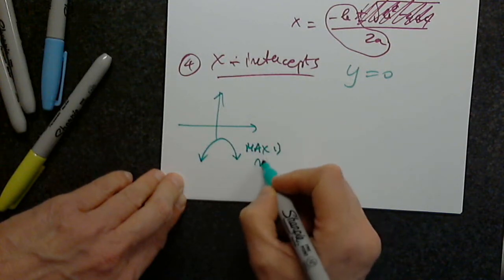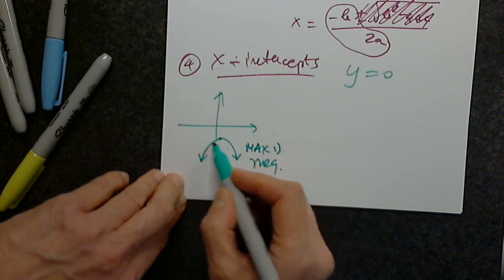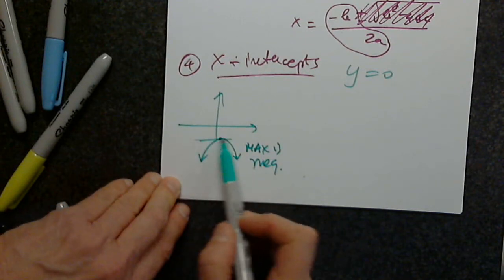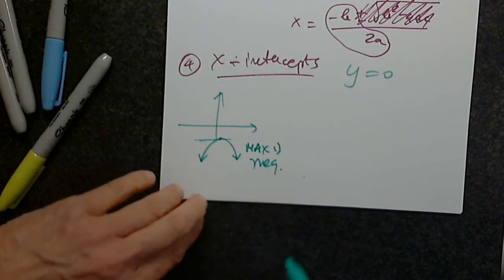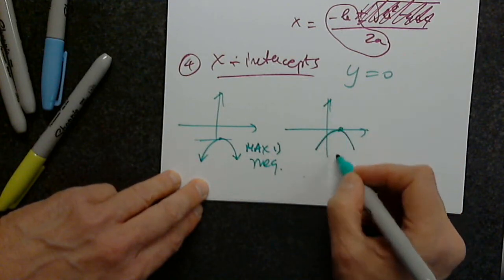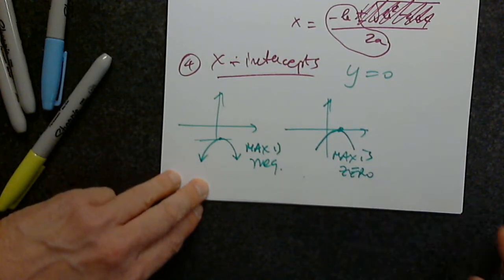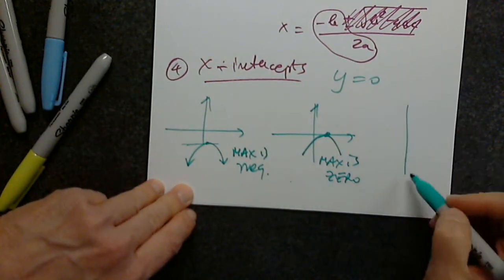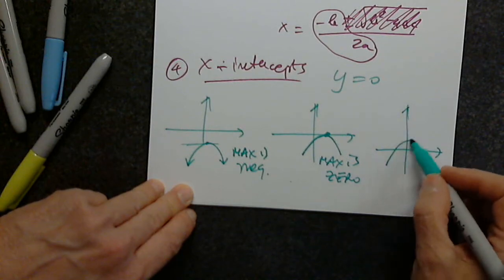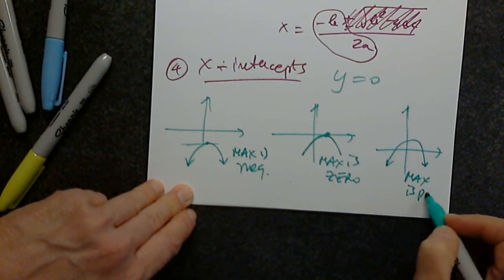Max is negative. It's whatever this number is for the y value. Here, max is 0. And here's the third situation in which max is positive.